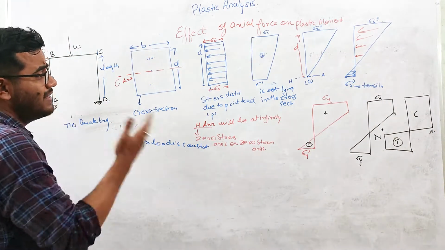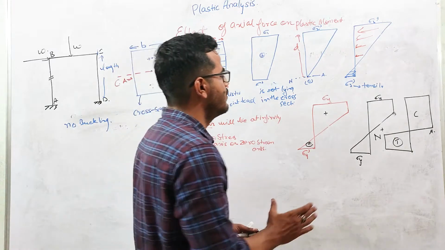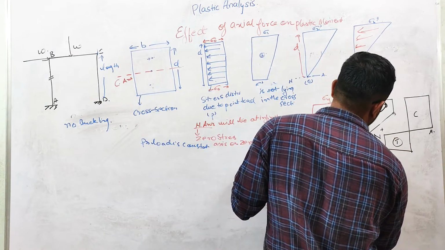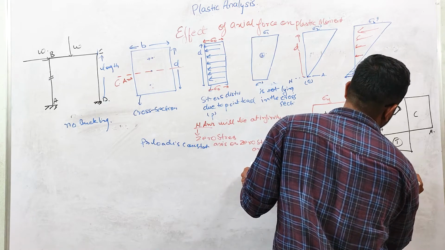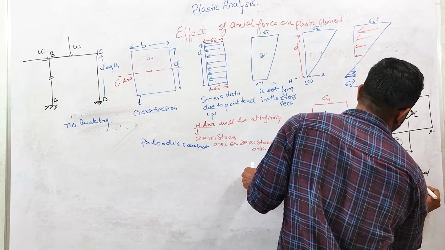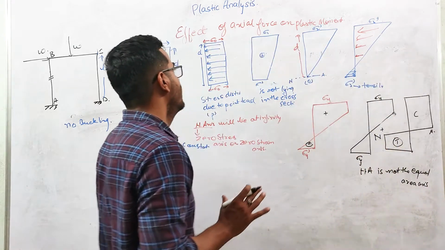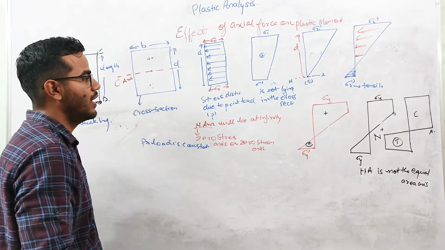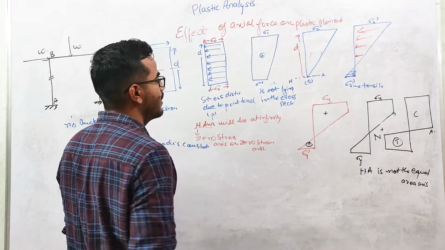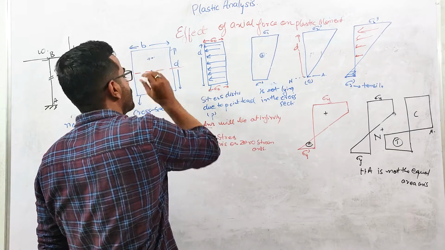Okay, so when there is an axial force, this neutral axis is not the equal area axis. Why? Because there is some axial load. Although this cross section is symmetrical, there is some axial force in this cross section.